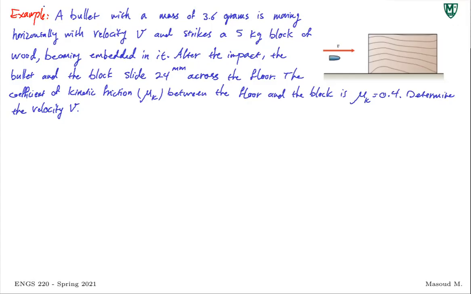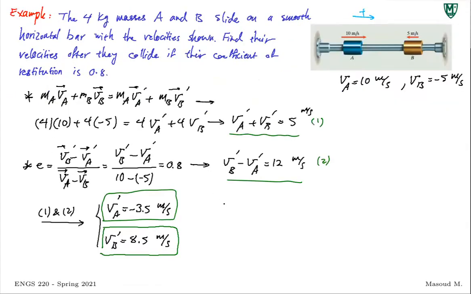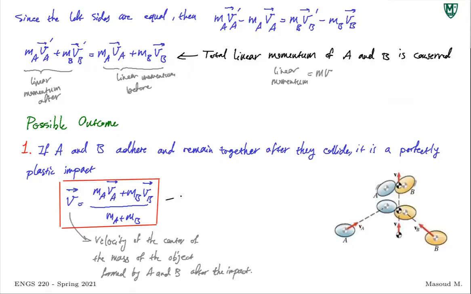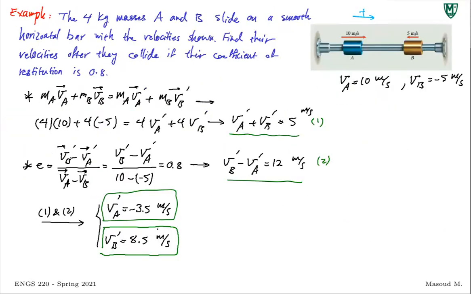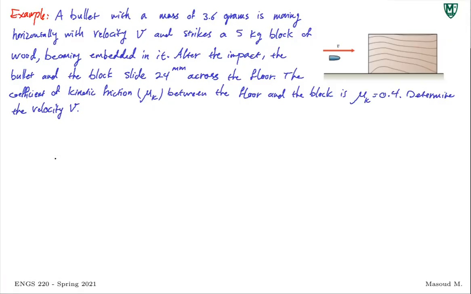Let's go step by step. This is possible outcome one. Let's write the equation for that. This is the relationship we have for possible outcome one: (MA VA plus MB VB) over (MA plus MB). That's the final velocity, the velocity after the impact. I'll call it V prime.